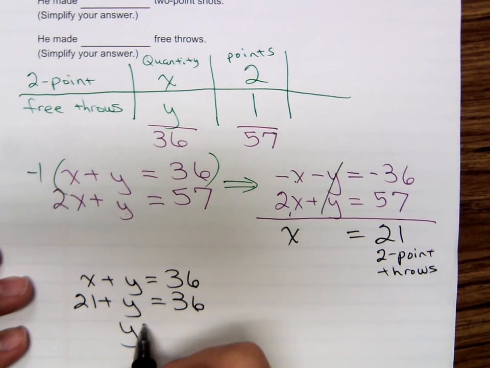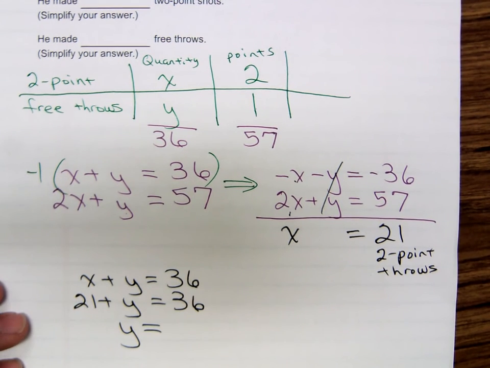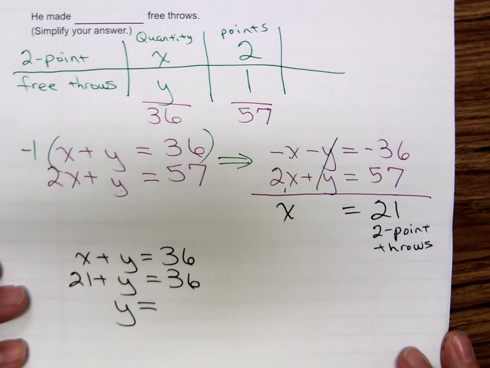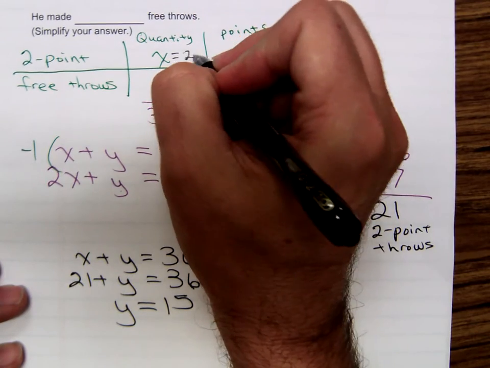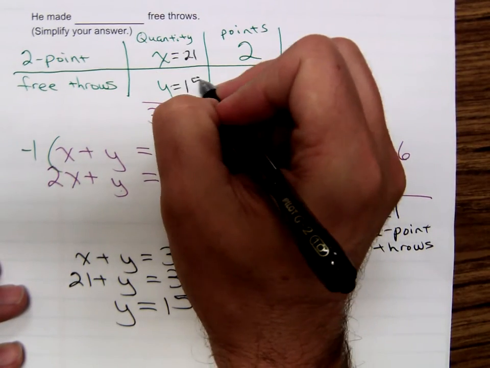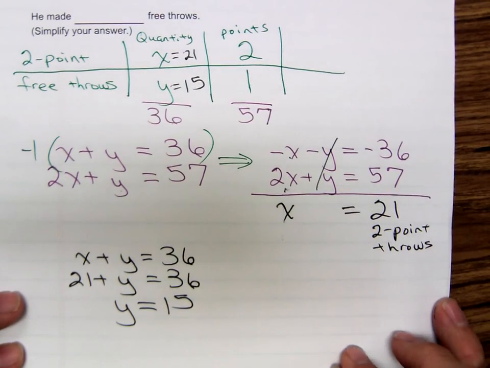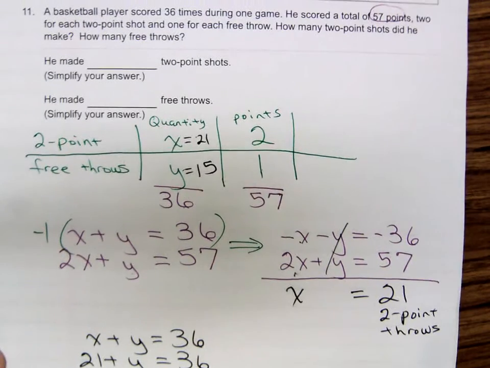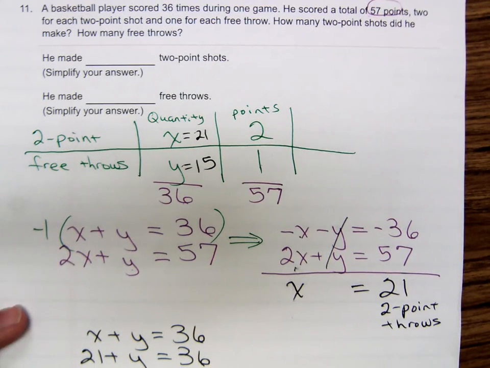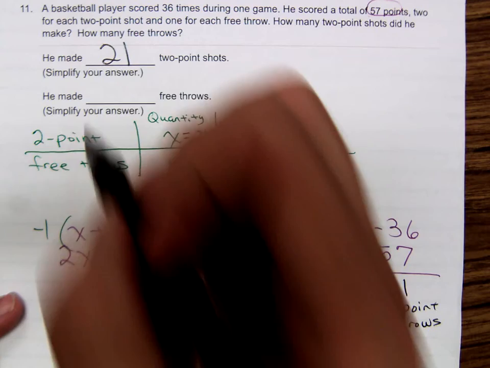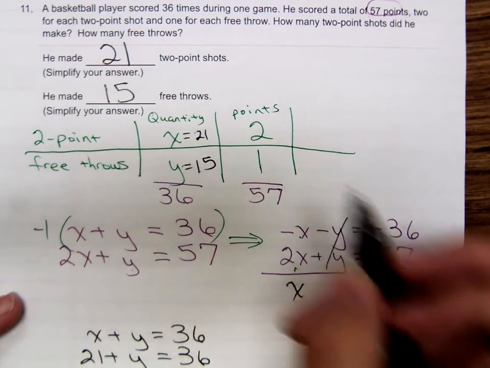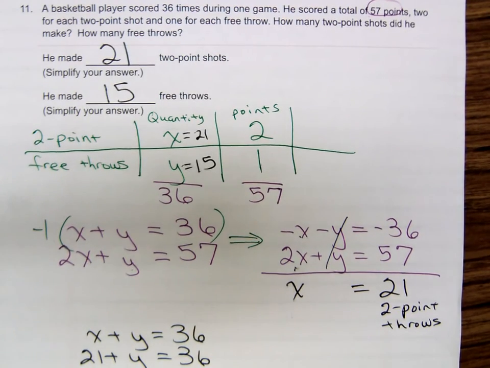So y equals 15. So we knew x was 21, y had to be 15. So this star basketball player made 21 2-point throws and 15 free throws. Any questions there?